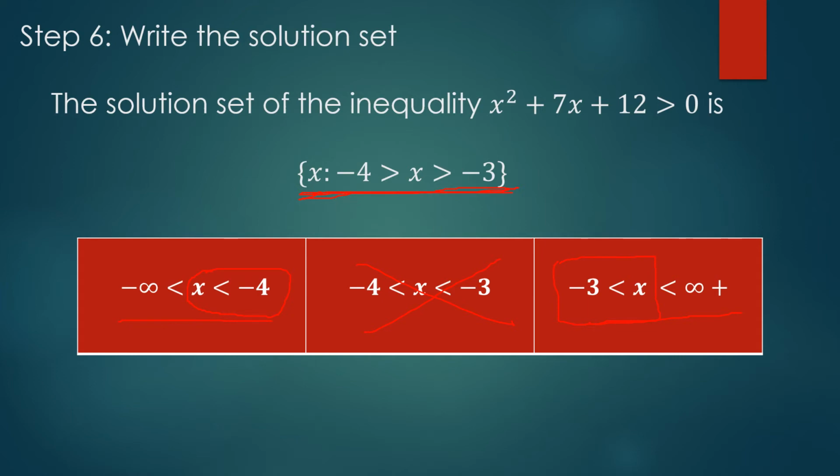Okay, so all the numbers na nasa loob niyan, na mas maliit sa negative 4 at mas malaki sa negative 3, yan yung sagot ng ating x squared plus 7x plus 12 is greater than 0.